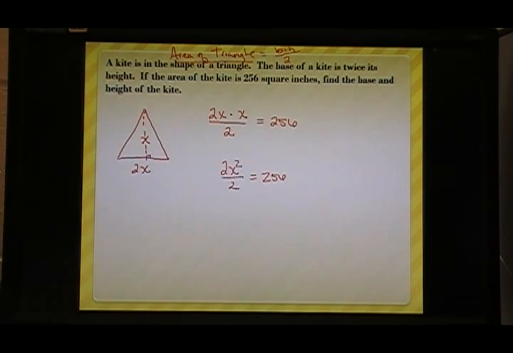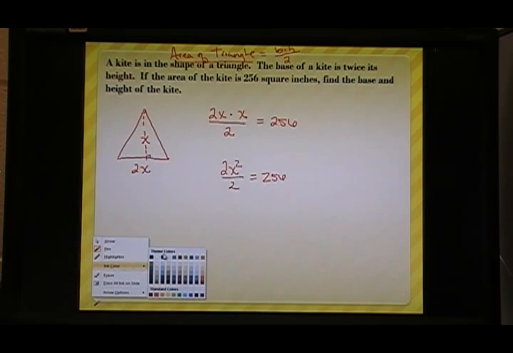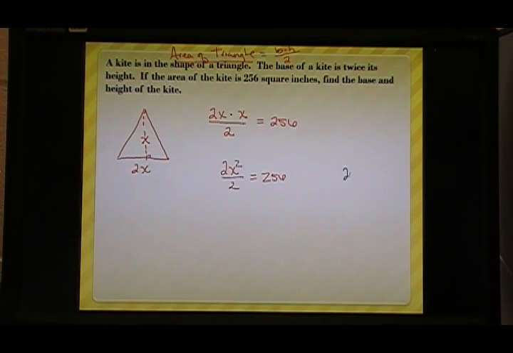So here I've got just one term, but let's say I had something like 2x squared minus 4x plus 2 equals 256 all over 2. I could simplify the left-hand side and just do all of these divisions, okay?